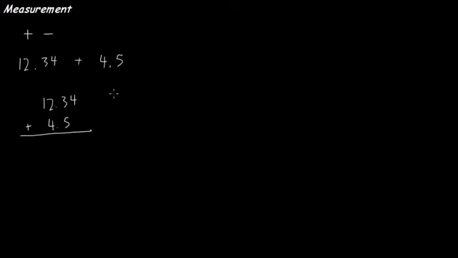So when we have numbers written with a certain number of significant figures, the rightmost significant figure is the guess digit. So in this case, the 4 is my guess digit. I'm going to circle that. And in 4.5, it'd be the 5, so I'm going to circle that. Then I perform the addition.